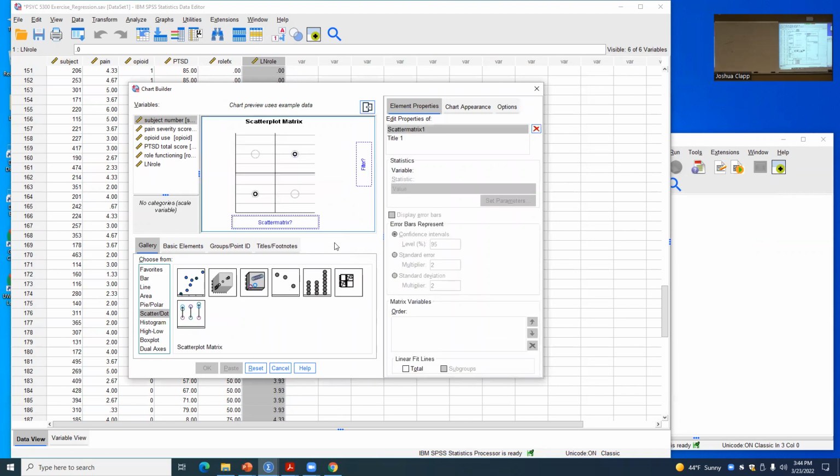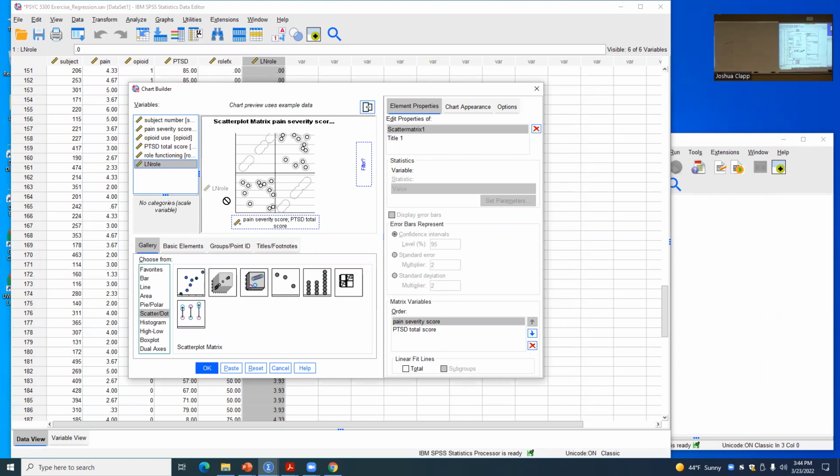Drop this into SPSS, and now I'm going to take pain, PTSD and the natural log of role functioning. Opiate use is a dichotomous variable, so it's often not useful to put in here. Drop that in there, okay? Then you hit paste, and I'm going to hit okay.